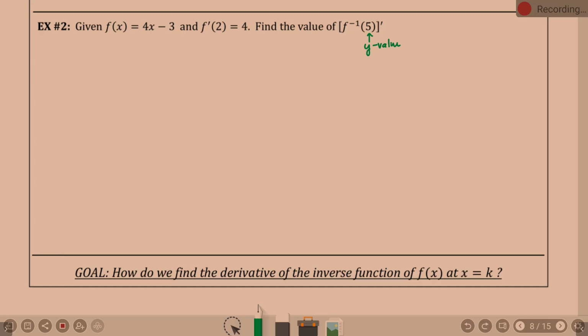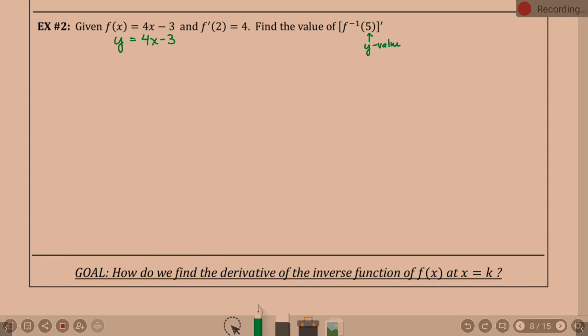So that's the first thing I want to consider here. Now, with that in mind, the output is a y value. What do we also know? f of x equals 4x minus 3, right? This is the original function. f of x is the same as saying y equals. So if this is 5 comma something on the inverse, what is it on the original function?